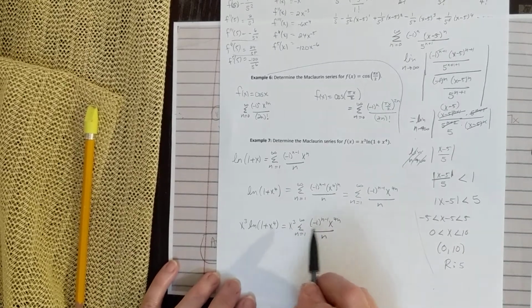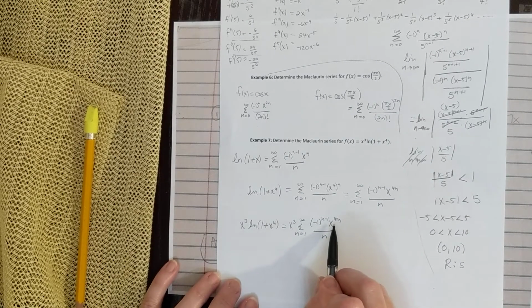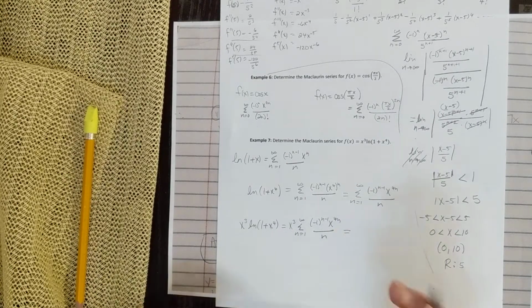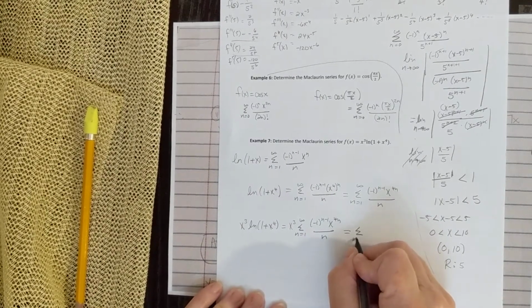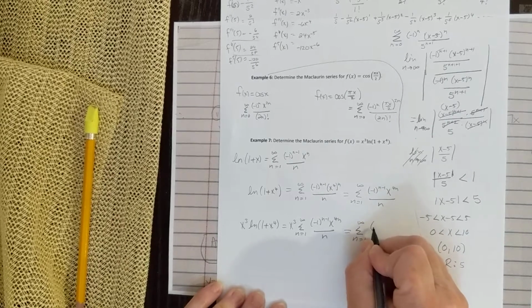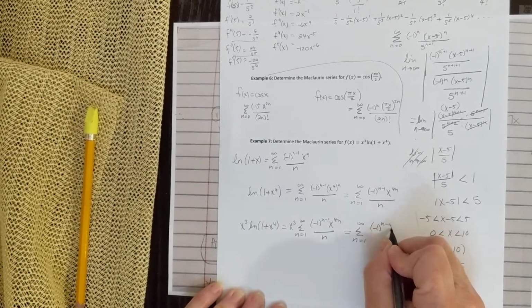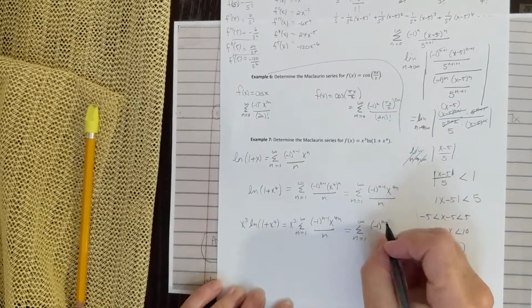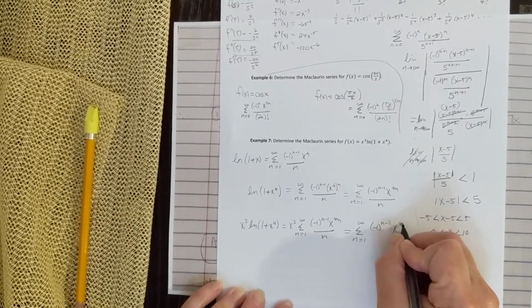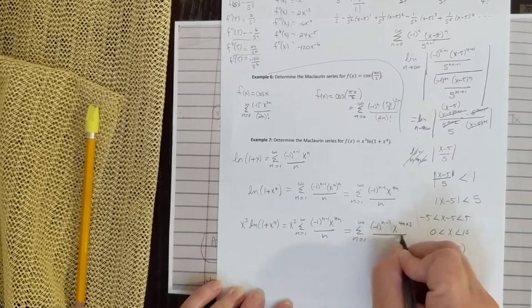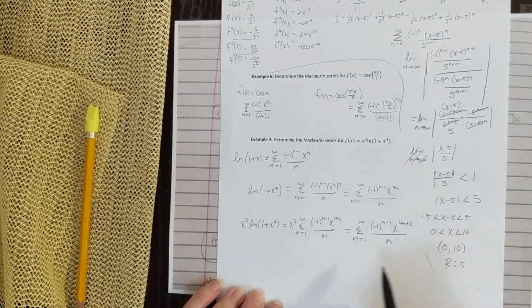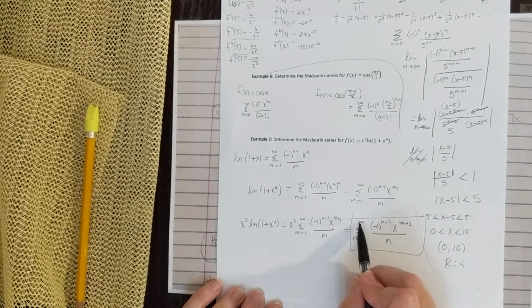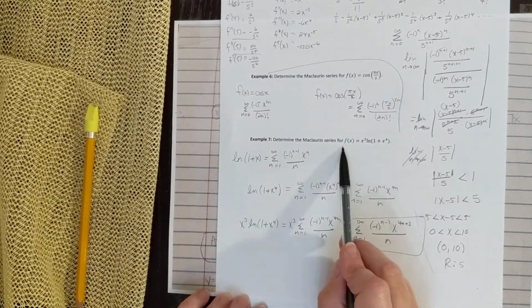Well, we can bring this x cubed inside, so this would be x to the 4n times x to the 3rd, and with common bases, the exponents are combined through addition, so this can be written as the sum from n is 1 to infinity of negative 1 to the n minus 1, x to the 4n plus 3, all over n. And that's how we can write the Maclaurin series representation for this function.